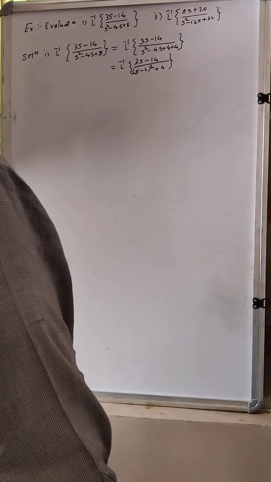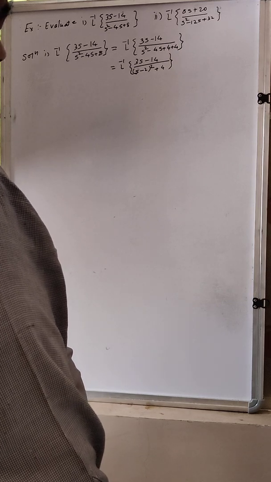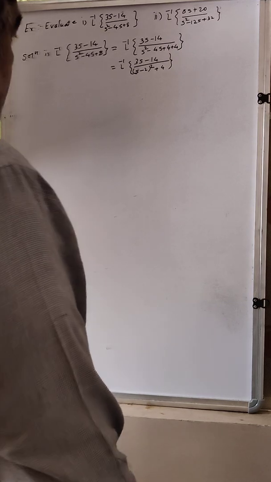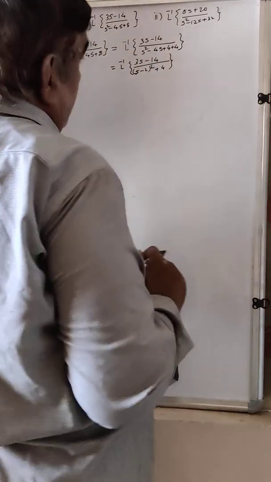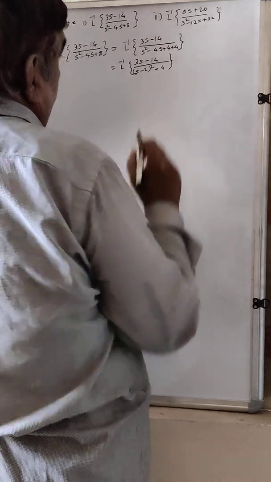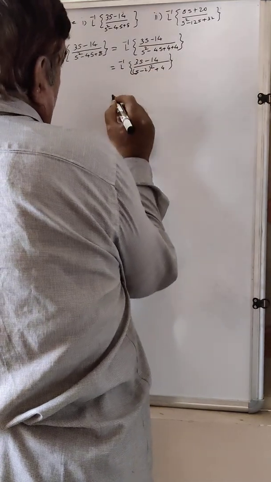For the first translation property, in the denominator here s minus 2, therefore add this s minus 2 into the numerator, in which we get again 3s minus 14.